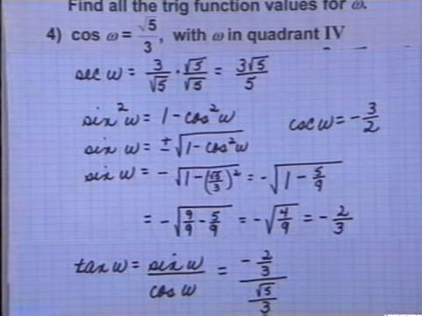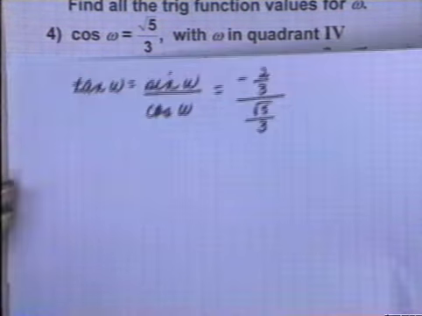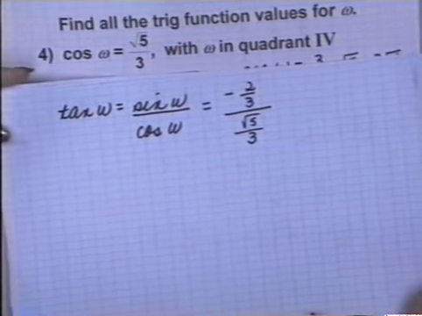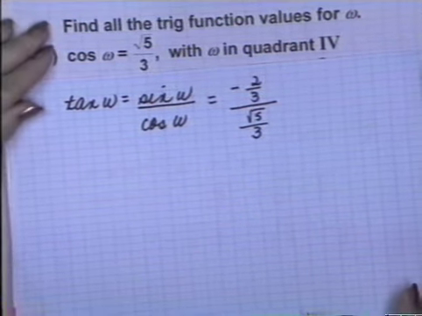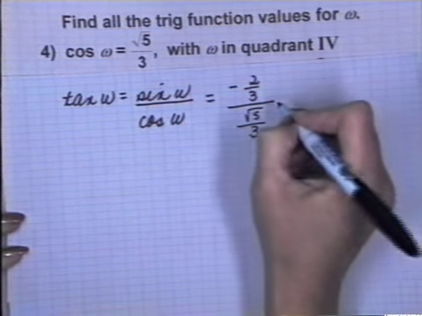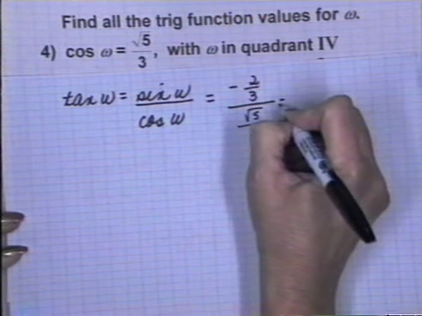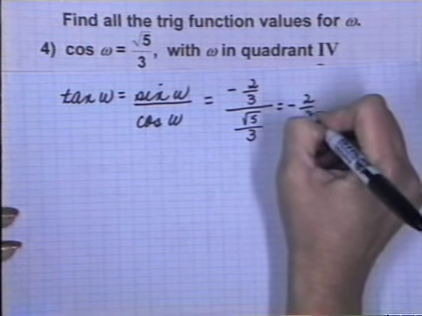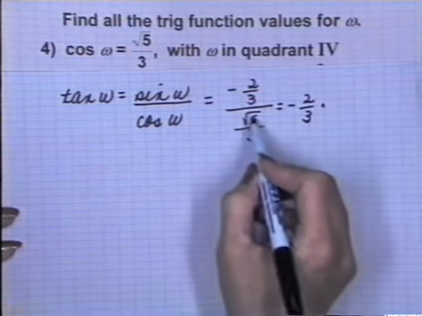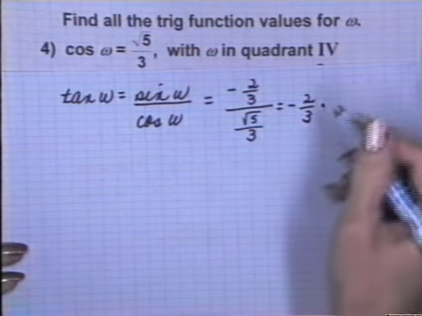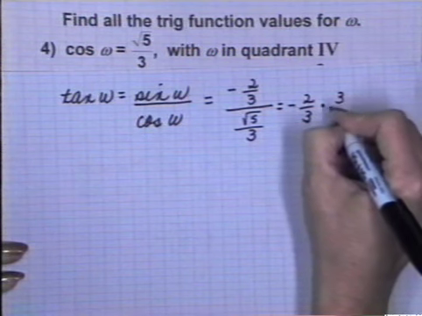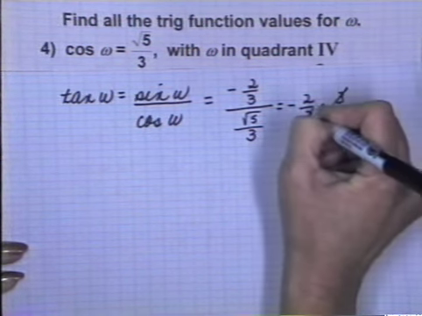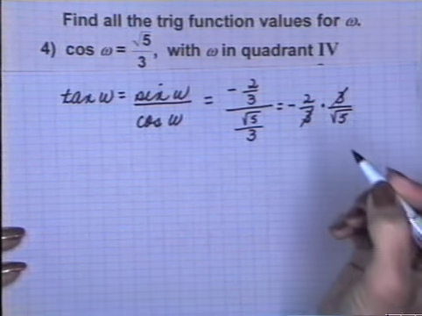Now, what I have here is a complex fraction, and I will simplify it. When I divide fractions, I multiply by the reciprocal. So let's say negative 2/3 times the reciprocal of the square root of 5 over 3, which would be 3 over the square root of 5. And of course, those 3's divide to 1.